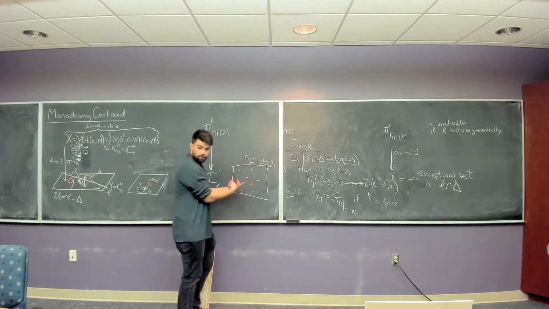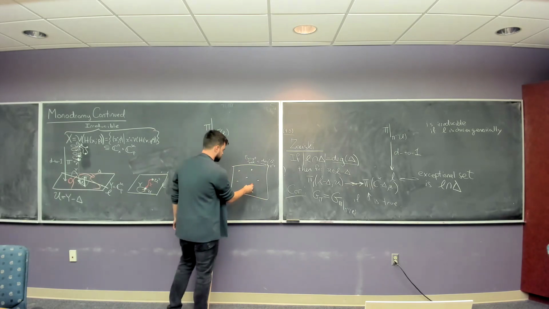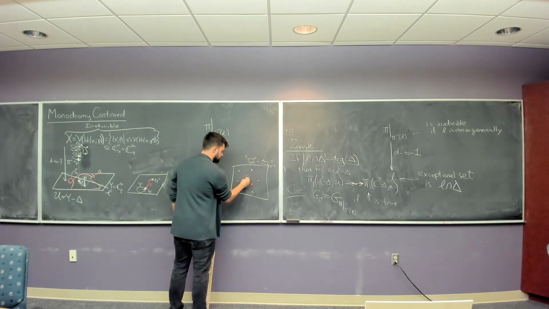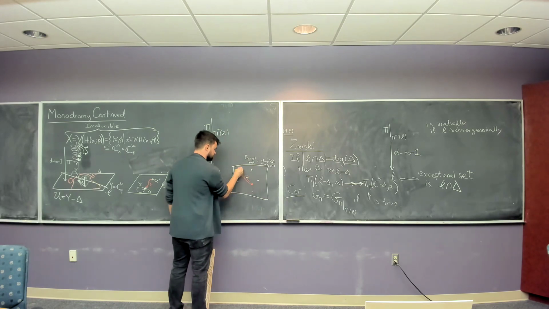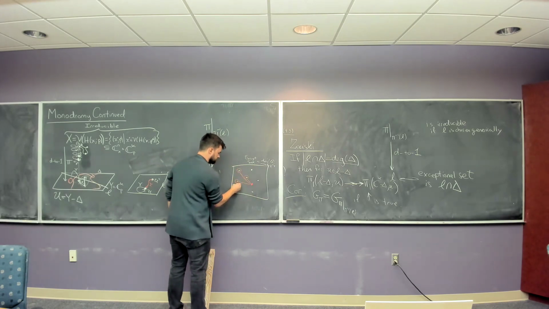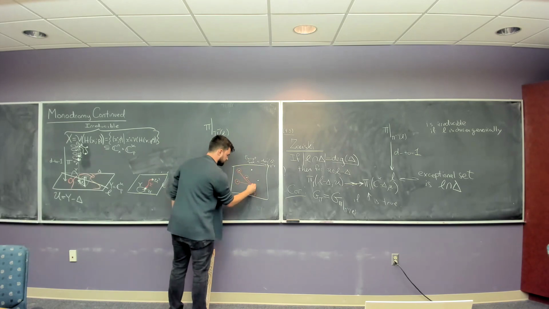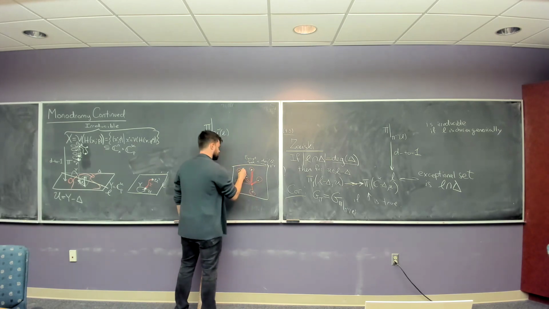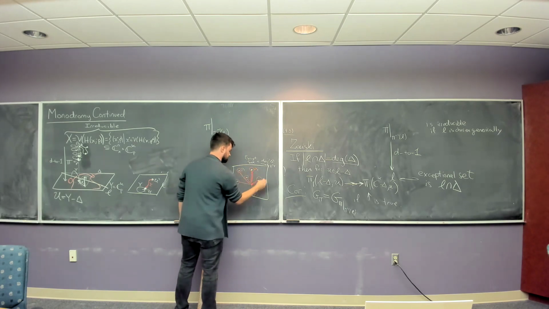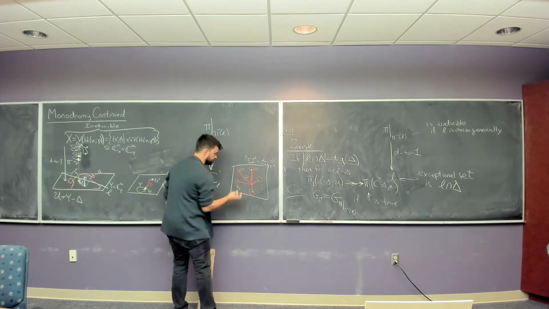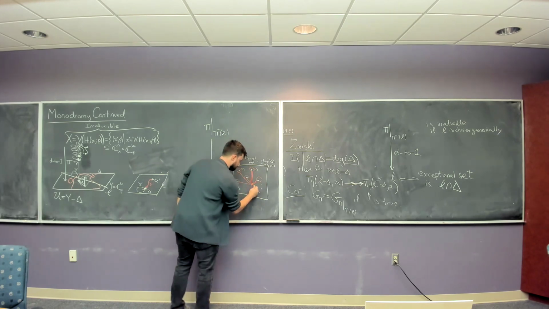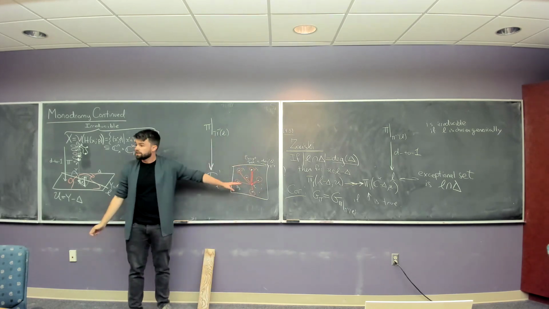If somebody gives me some point that's not in delta, let's say I have P1, P2, to some P capital D. This is my U. I've drawn a bunch of loops.